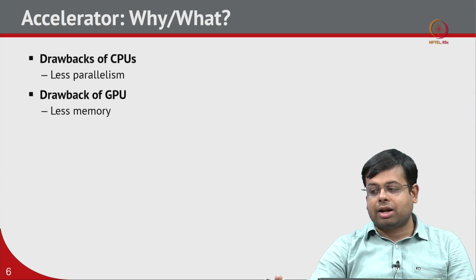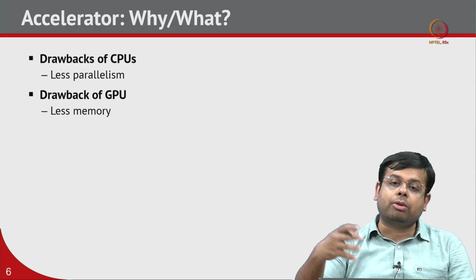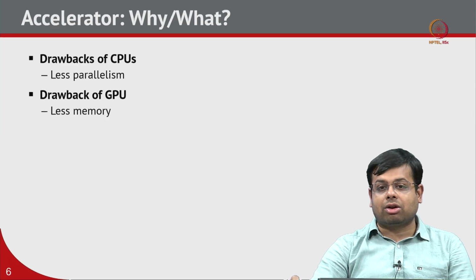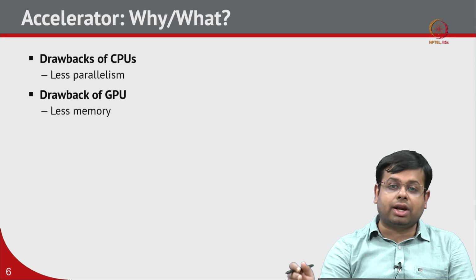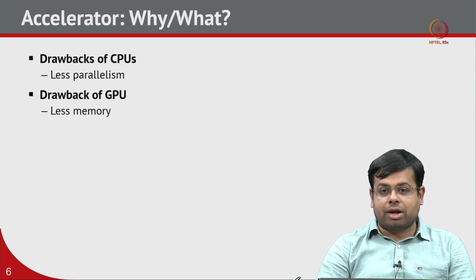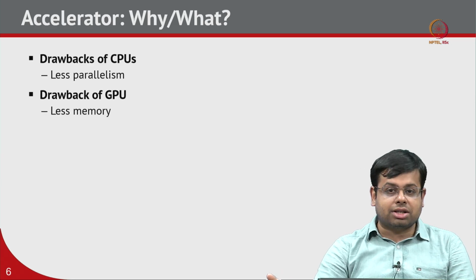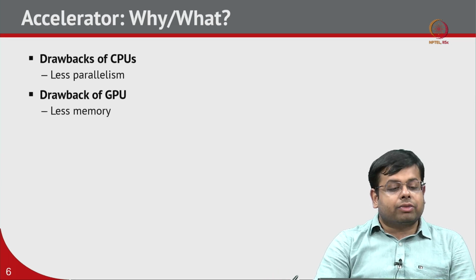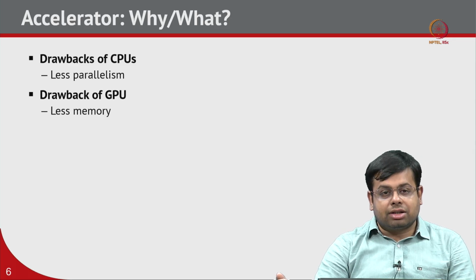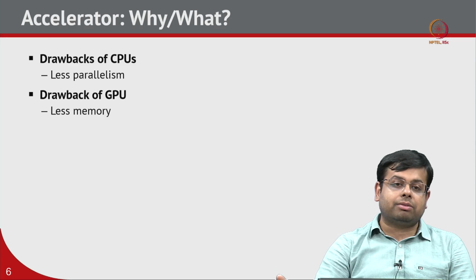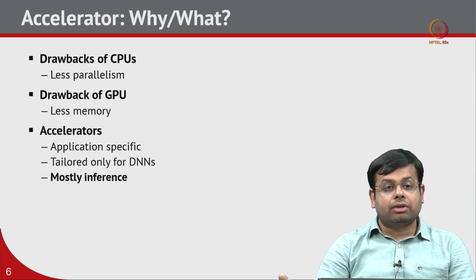The weights themselves can take tens of GBs, and on top of that we have to store activations and all those things, right. That is for inference. If we perform training, then we have to store the partial gradients or the partial sums and all those things, correct. So, the main drawback of the GPU is that it is limited in terms of memory, right.